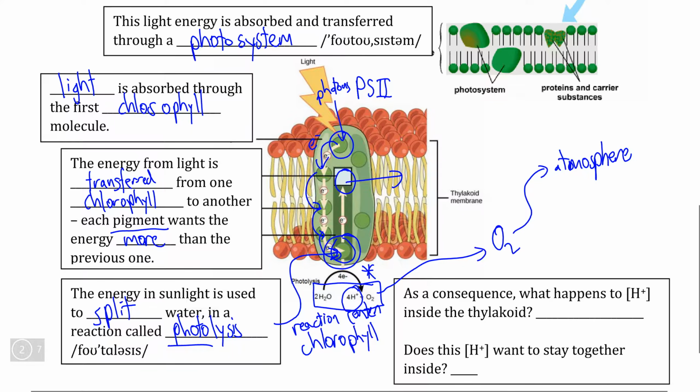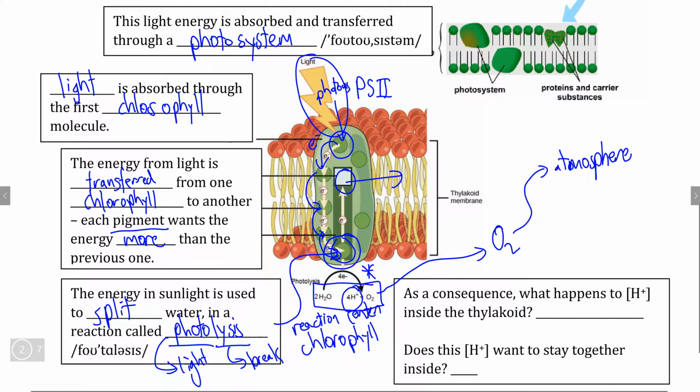And if we do a word form derivation here, photo is of course the Greek prefix referring to light, and lysis refers to the process of splitting or breaking something. So in photolysis, we are literally using the energy harvested from light to break apart water into two component parts.